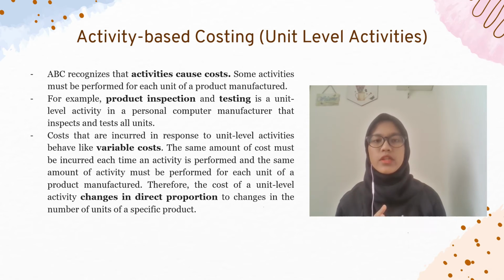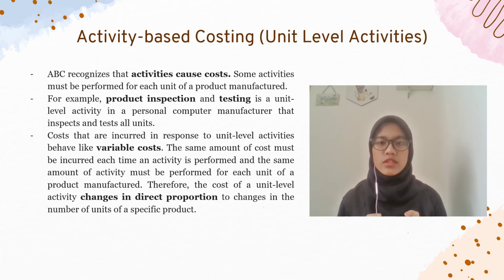Next, we move to activity-based costing at the unit level of activities. Activity-based costing recognizes the activities that cause the cost. Some activities must be performed for each unit of the product manufactured.